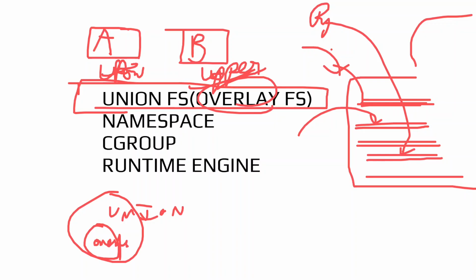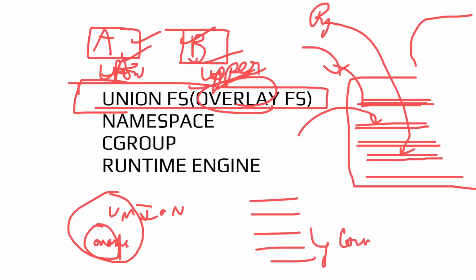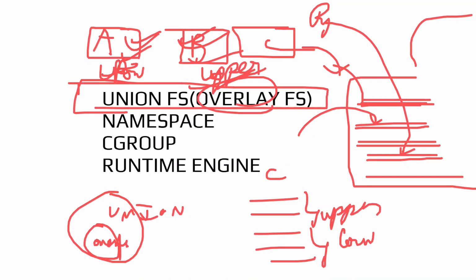When you mount these together, if you use Linux, when you overlay these two folders together, it just merges them in the form of layers. This is lower, this is upper, and the result is what we can call folder C. So folder C is what we get after mounting folder A and folder B with overlay file system.